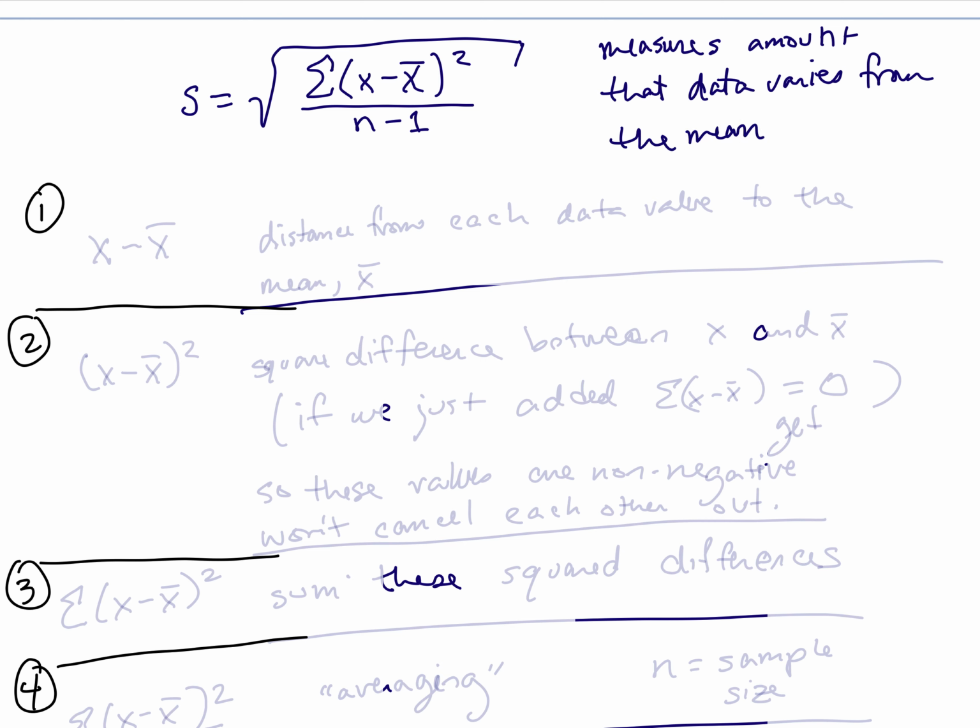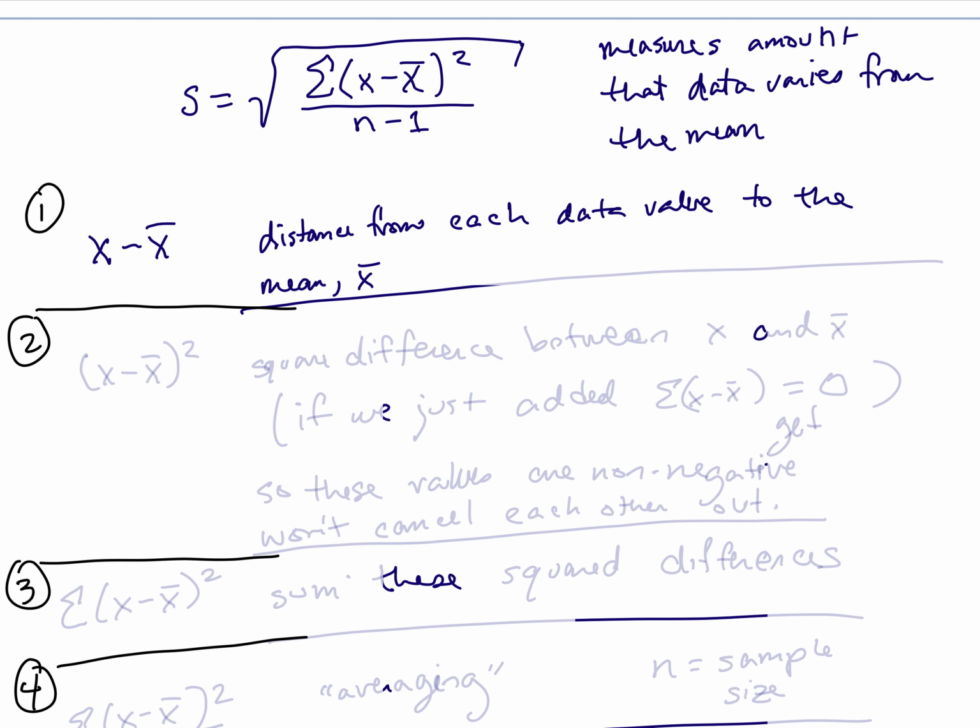Okay, so first of all, each individual value, x minus x bar, is the distance from each data value to the mean, x bar. So again, little x is a data value and x bar is the sample mean. So the distance from each data value to the mean, yeah, that makes sense, that would help us measure the amount that the data varies from the mean.